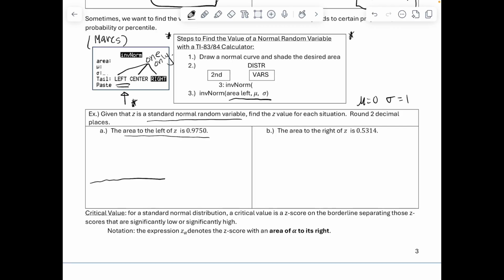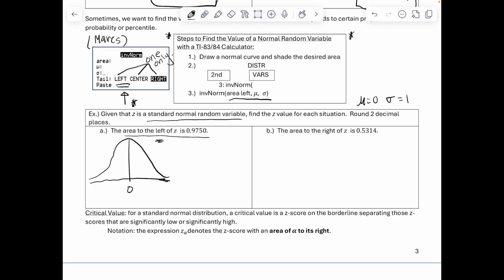So we need to first draw our normal curve. And in the middle, since I know that the mean is equal to 0 and the standard deviation is equal to 1, the mean goes in the middle as 0. And then I have to think about where to put z. I need to shade to the left. And it has to be 0.9750, so that's quite a bit of area.